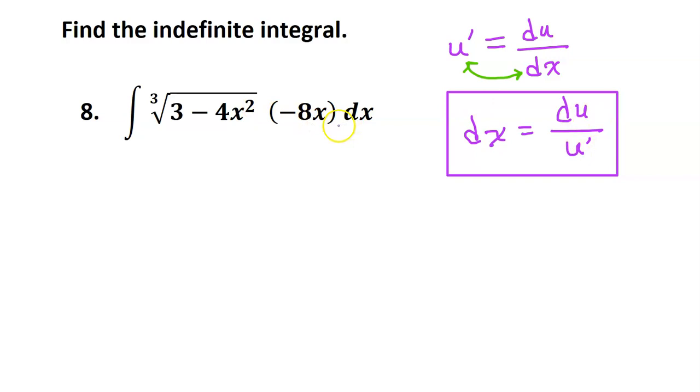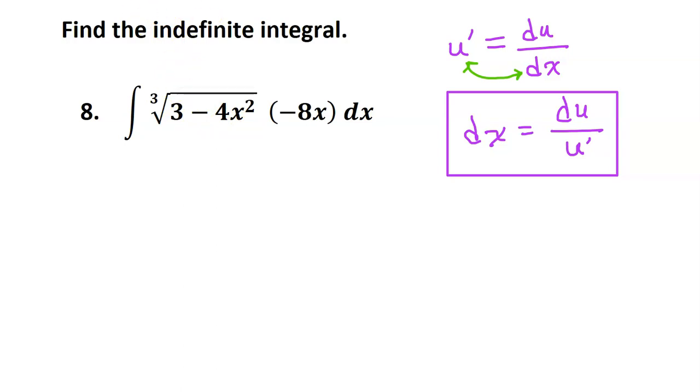So where does this u come in? Well, this is going to work similarly to the way we did the chain rule when we were doing derivatives. When you have something inside of something, like a function inside of a function, you're going to imagine replacing that with the letter u.